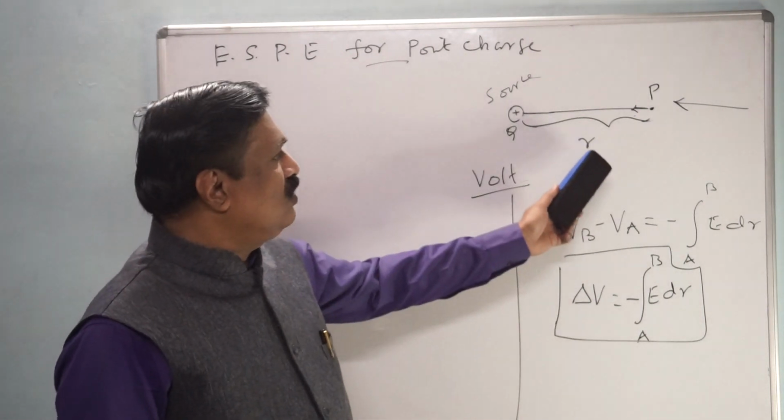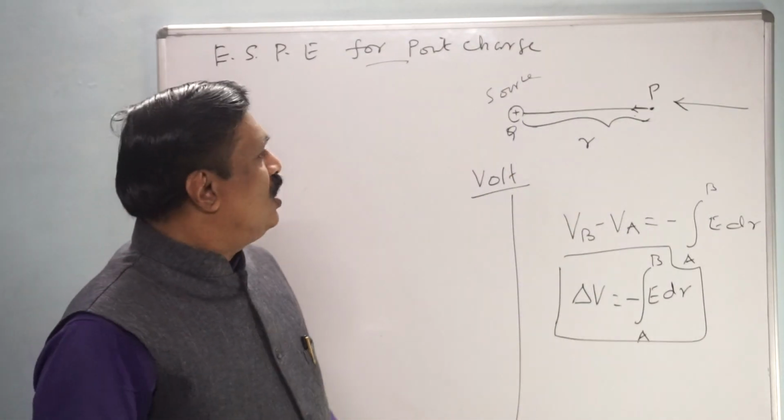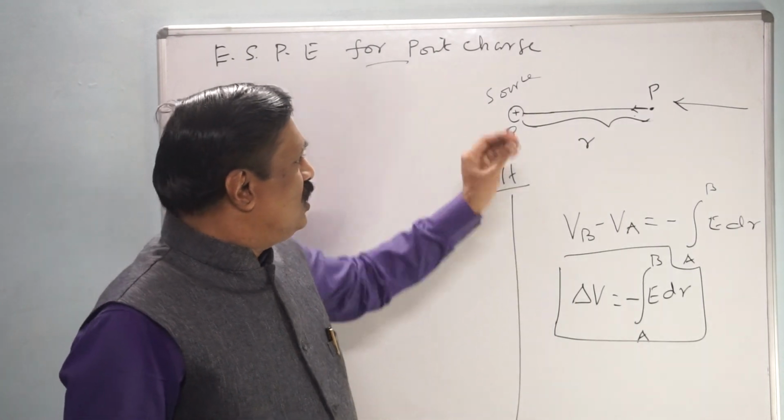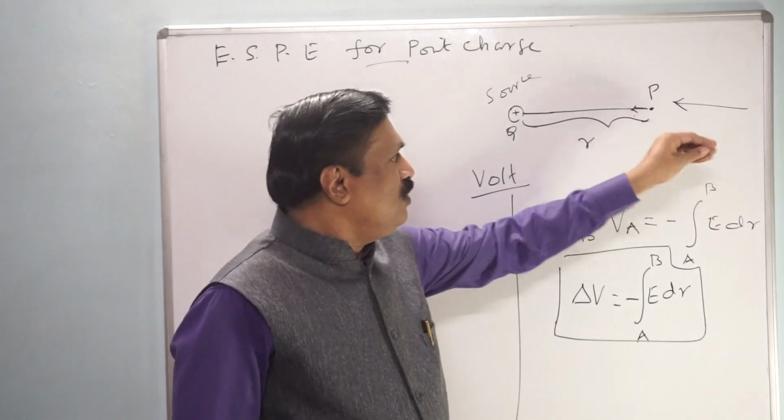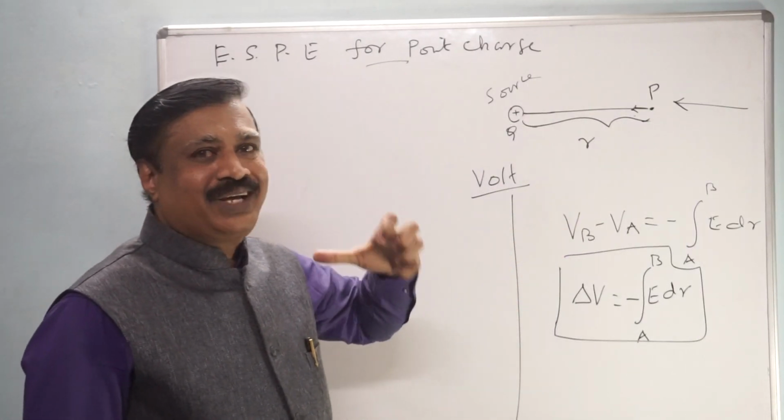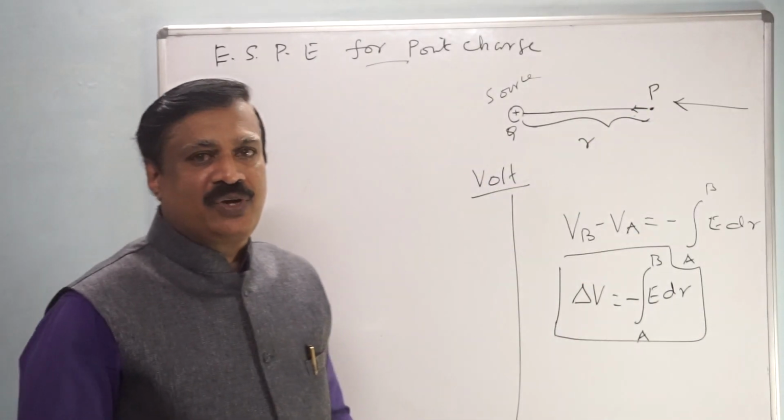In books also it is followed, therefore I am following this. Now here a positive charge is placed here, and a unit charge is brought from infinity to this point. Now what will be the potential at this point? That is what we are going to do.